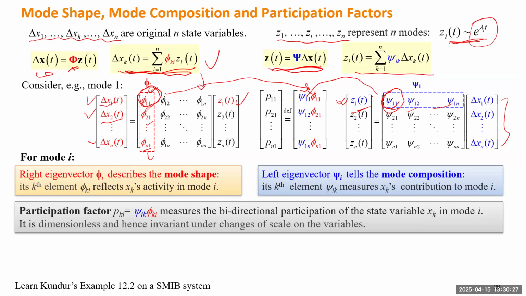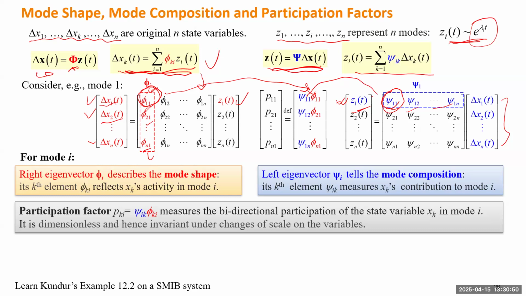Because it's a bidirectional participation, it's possible one state variable contributes a lot to a mode. If you get rid of this state variable, for example if you disconnect the generator, this mode almost disappears, which means this variable has a lot of contribution to the composition of the mode.